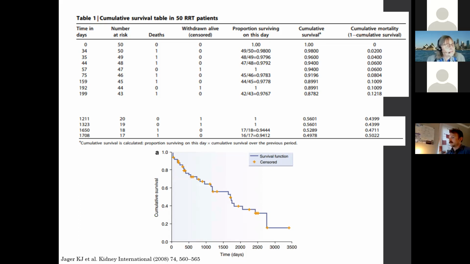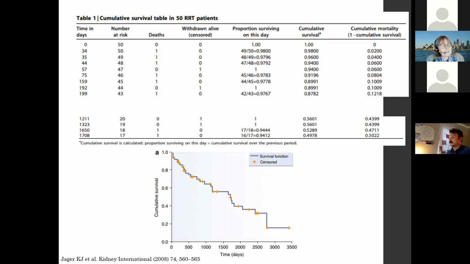The first event, whether censored or somebody died, in this case was at 34 days. At the beginning of that day 34, there were actually 50 people at risk still. One died, there weren't any censored. So the probability of surviving on day 34 is 49 out of 50, or 98%.